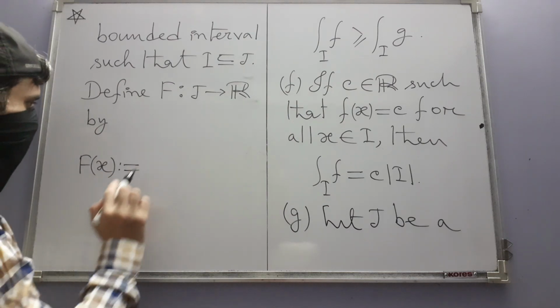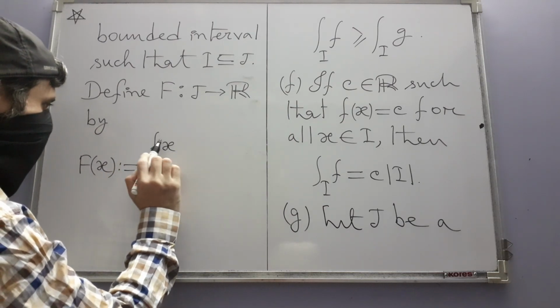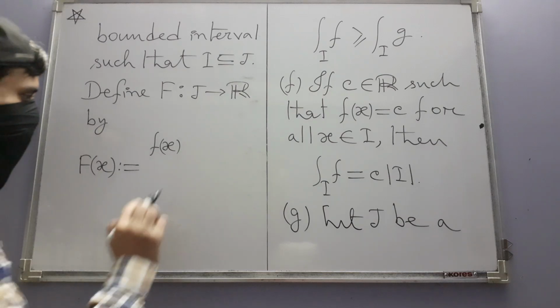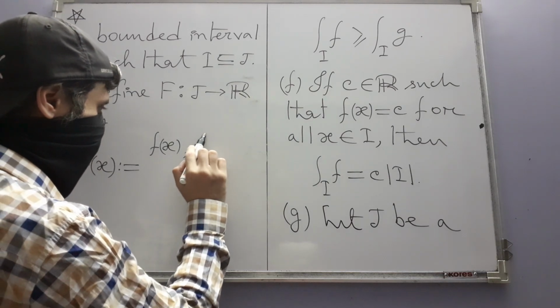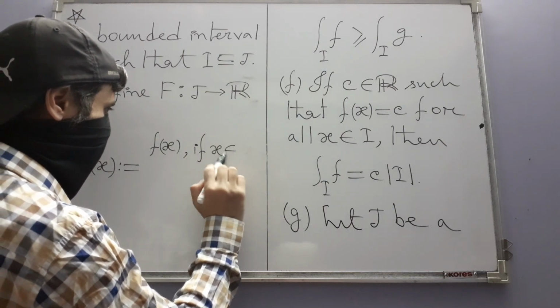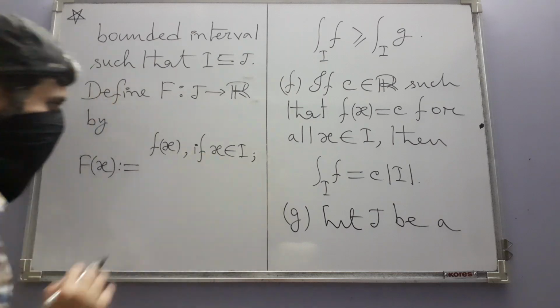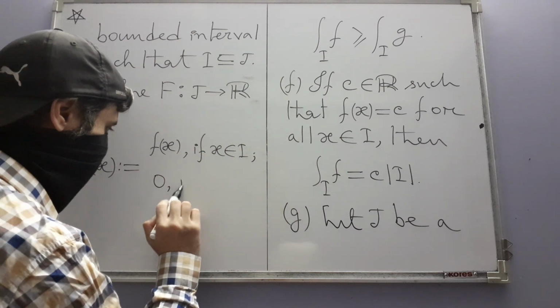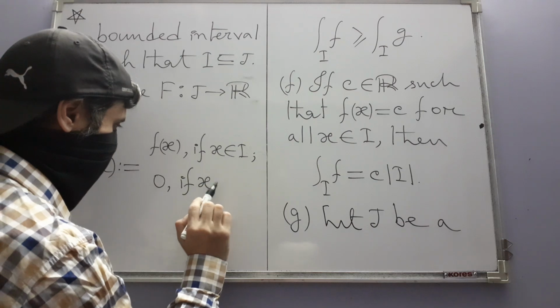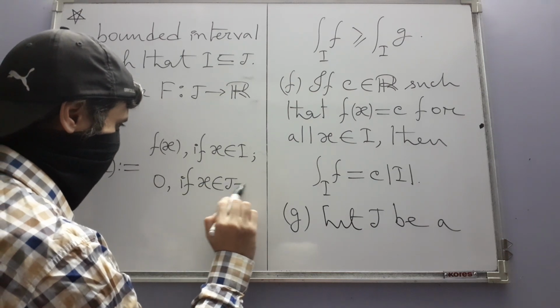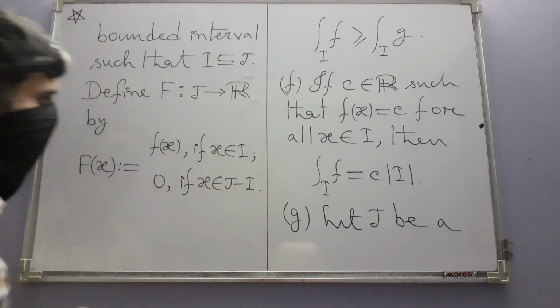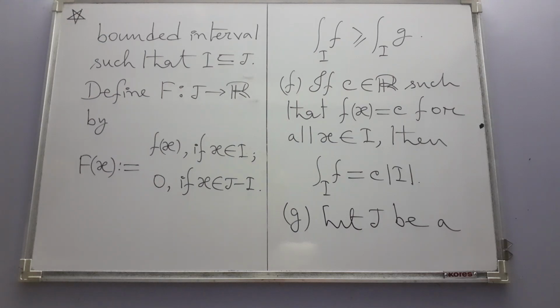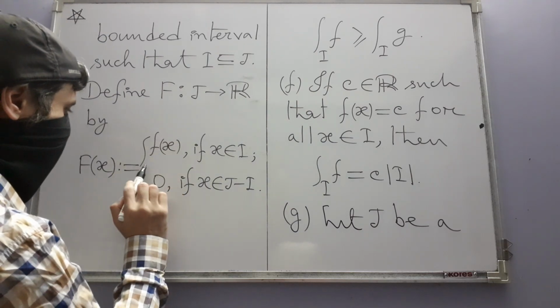F of x is the same as small f of x if our input belongs to I, but is defined to be equal to 0 if the input belongs to J but does not belong to I. It's in the difference J minus I.